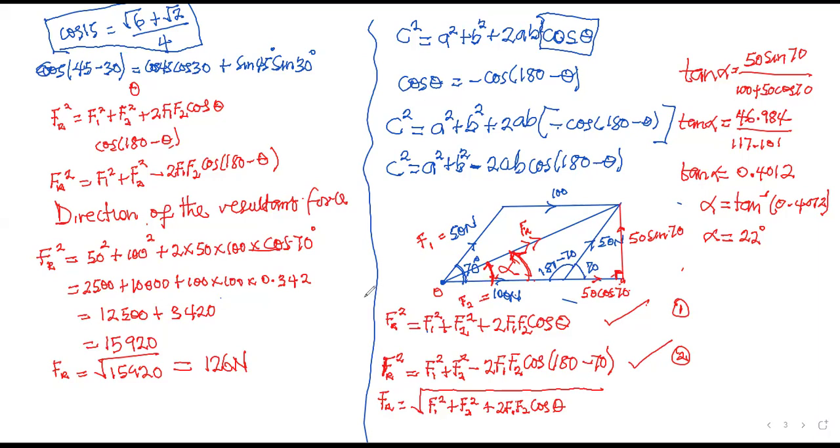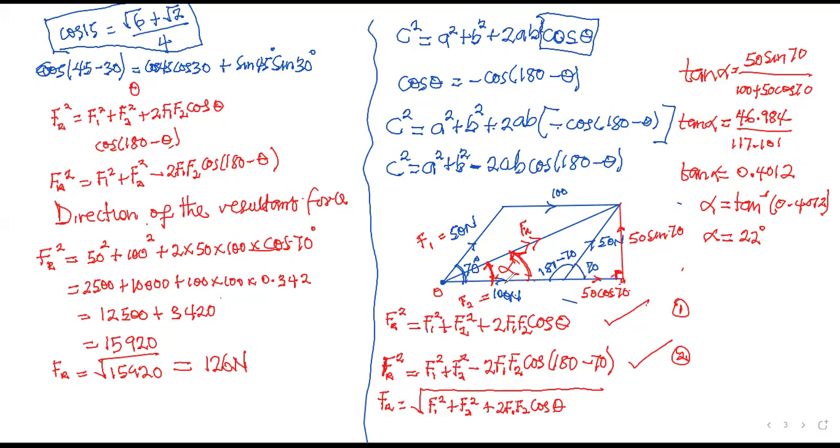Asafo. Sir, which direction is it going to? Is it the north or the south or the east or the west? No, you see, this one, the 100 Newton force F2 lies on the x-axis or along the east axis.